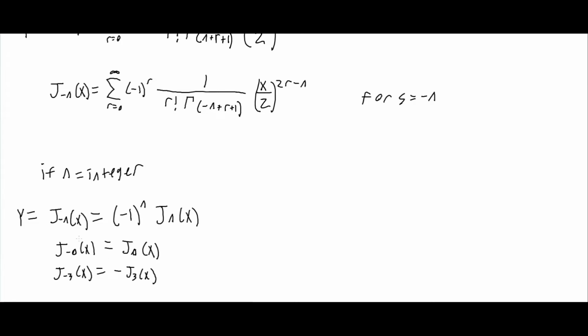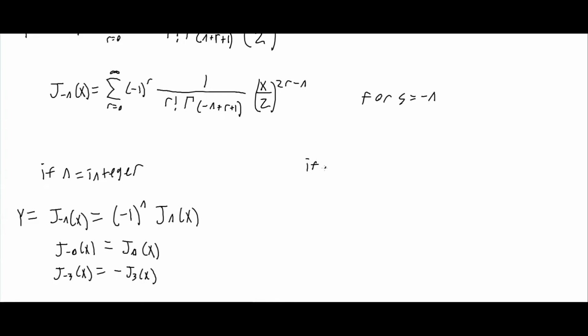And so this is just telling us that if n is an odd integer, then these are the same, just with a change of sign.